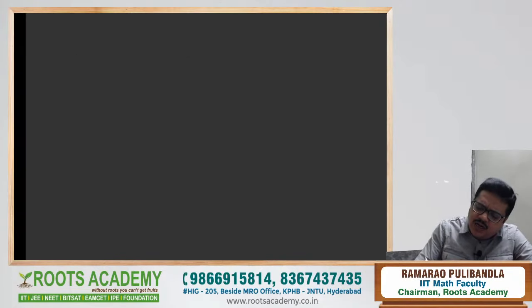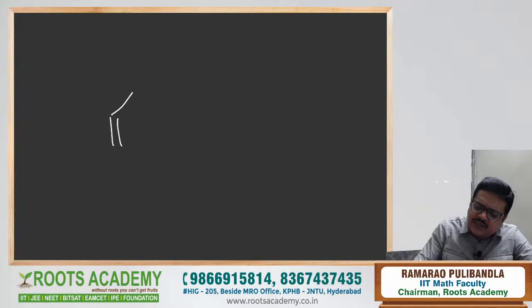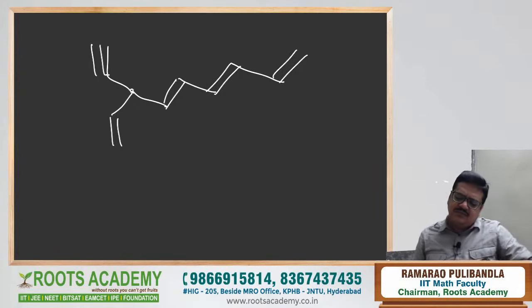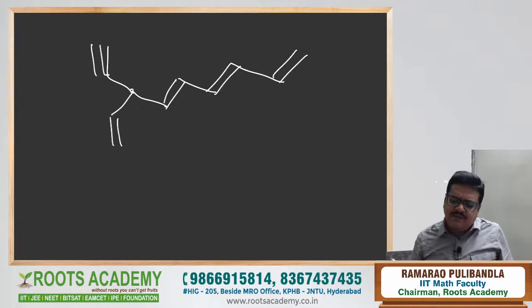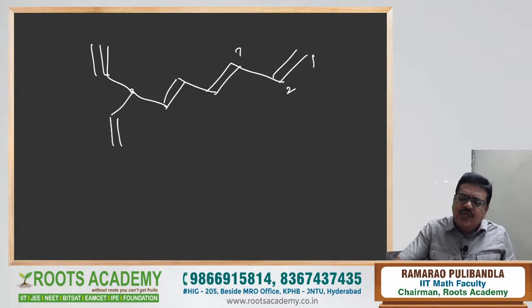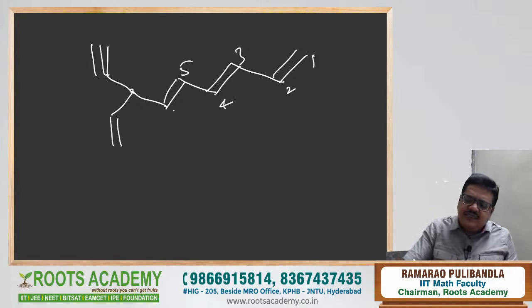For example, if the compound has a double bond like this and a triple bond like this, right? And in the middle we have double bonds like this. Now from which side do we start giving numbering? From this side. 1, 2, 3, 4, 5, 6, 7.